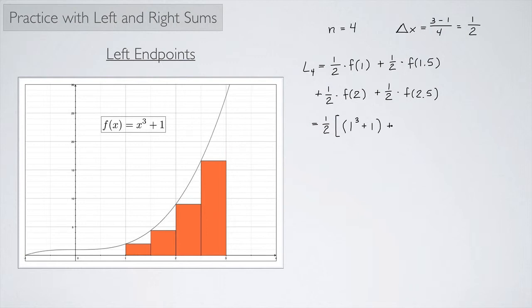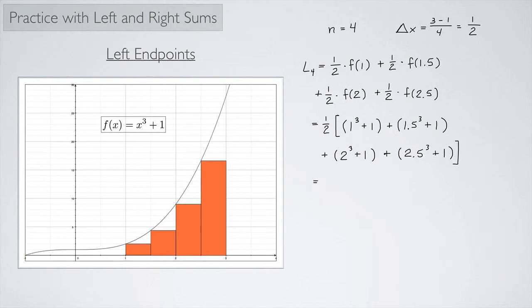And then the next one would be f of 1.5, that would be 1.5 cubed plus 1. And then the next one is f of 2. F of 2 would end up being 2 cubed plus 1. And then the last one is 2.5, so that would be 2.5 cubed plus 1. And then close my bracket here.